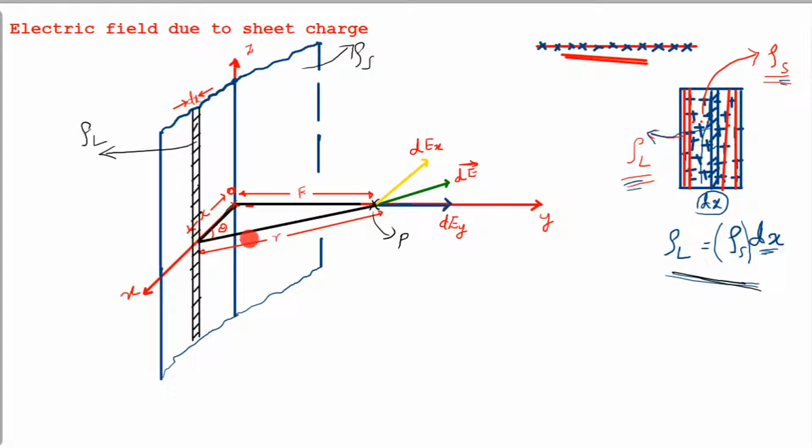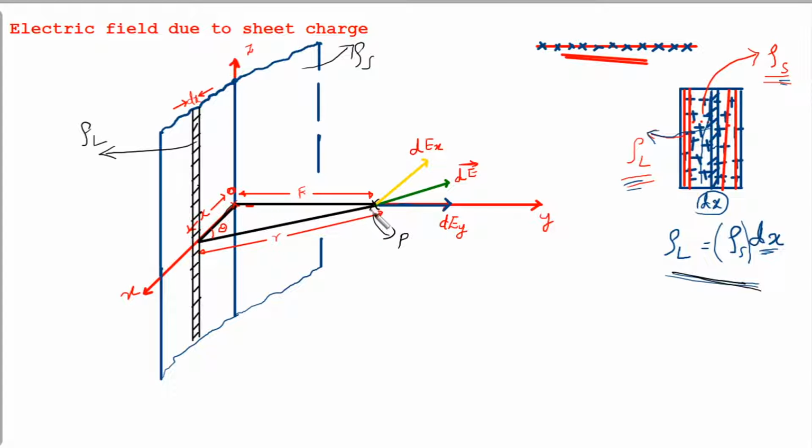So this line r, which joins my portion of sheet charge and point P where I need to find the electric field intensity, is small r, and that makes an angle theta with the x axis. Now what will be the direction of the electric field intensity? The direction will be along this line, right?